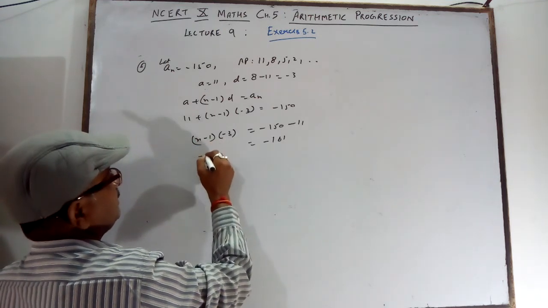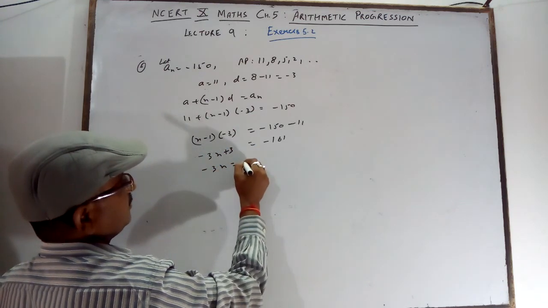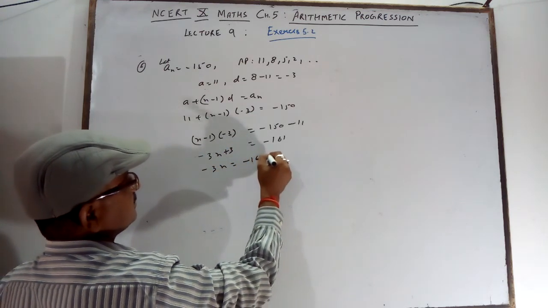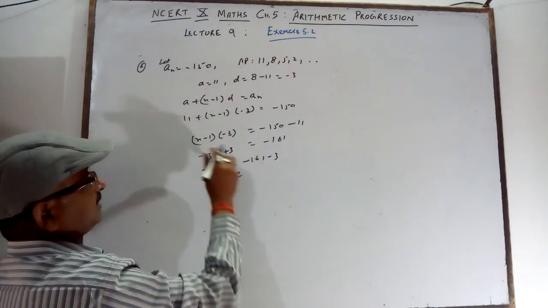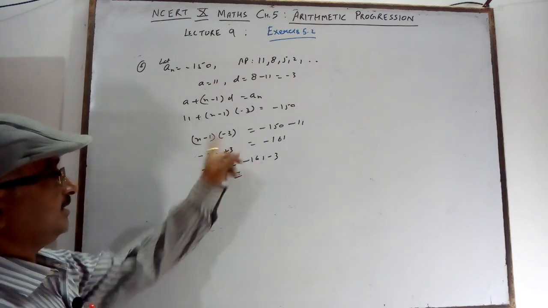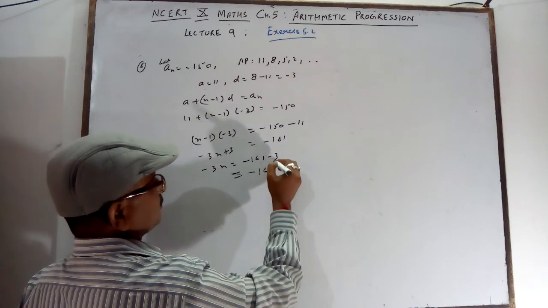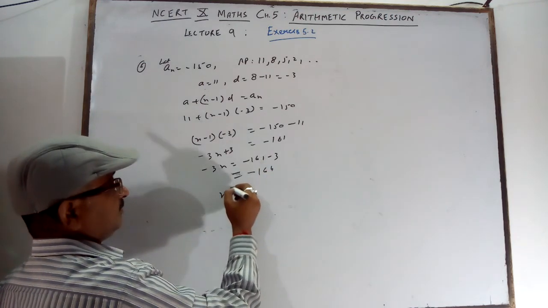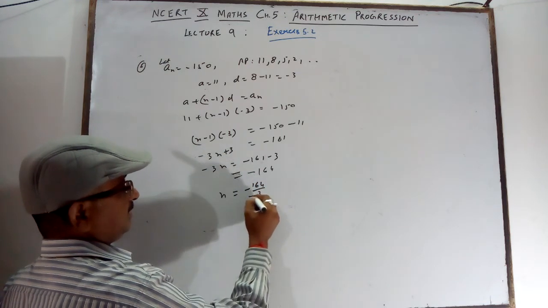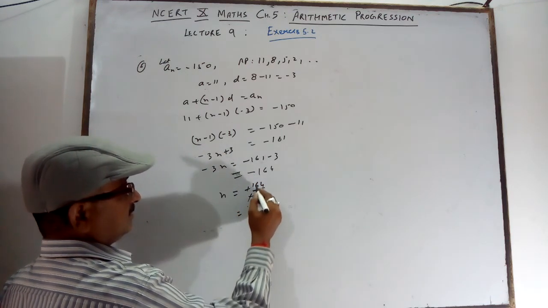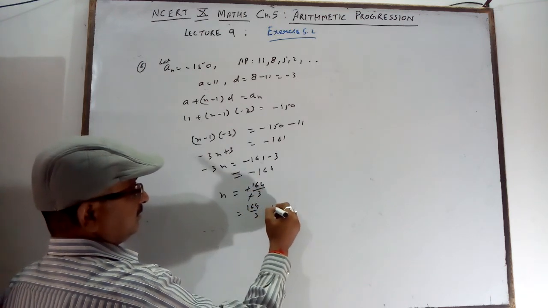So minus 3N plus 3 is equal to this. So minus 3N is equal to minus 161 minus 3. I am opening the bracket here because it is not divisible by 3. So minus 164. So N is equal to minus 164 upon minus 3. Minus minus cancel. So 164 by 3, not possible.